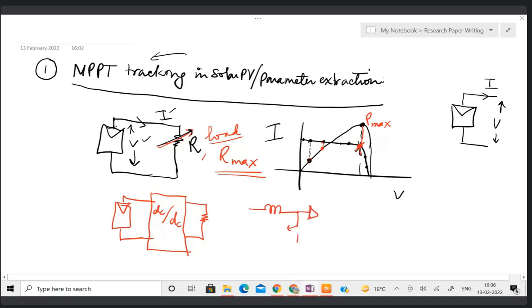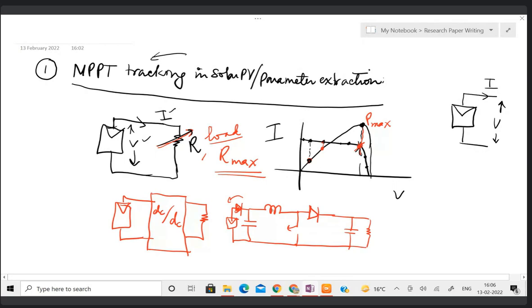Okay, so a boost converter is something like this. So here is the panel, and normally a blocking diode is also there, so that reverse current does not flow here. And then normally we add a capacitor at the input side as well as the output side.